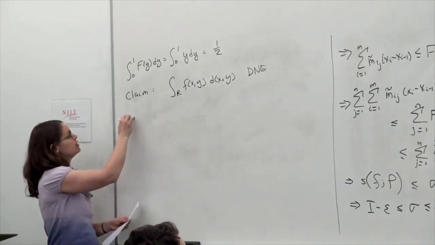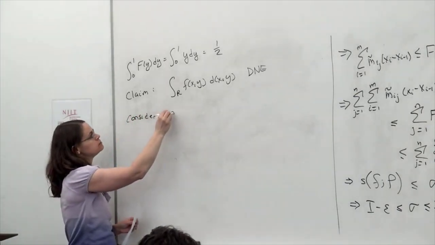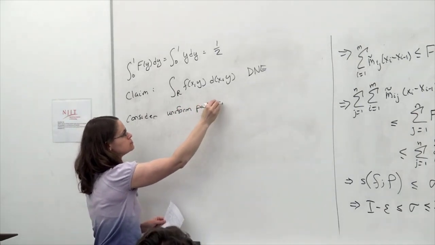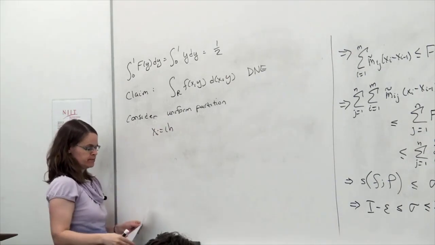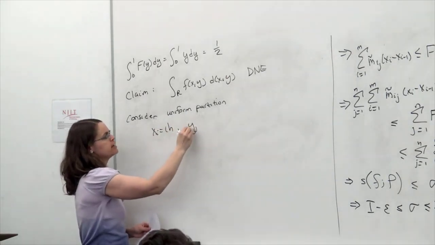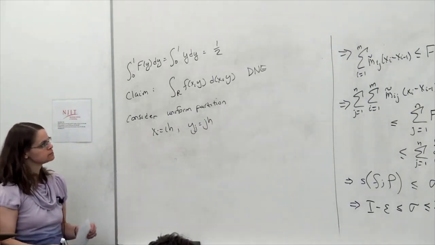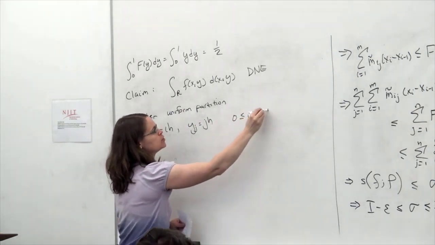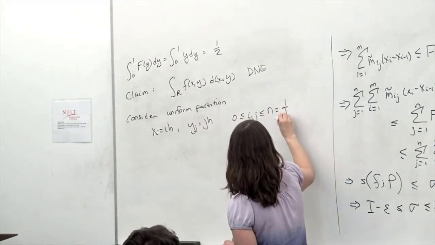So let's consider the uniform partition. x_i equals i times h, y_j equals j times h, where i and j are between 0 and n, which is 1 over h.